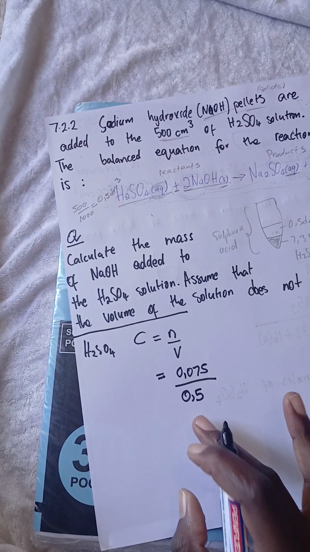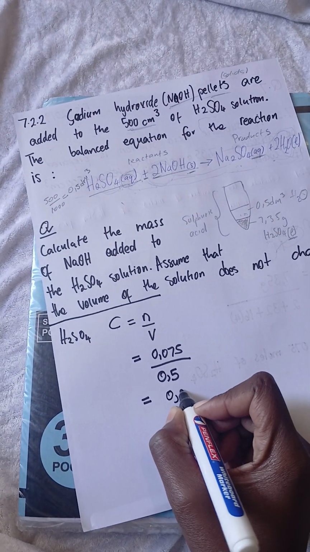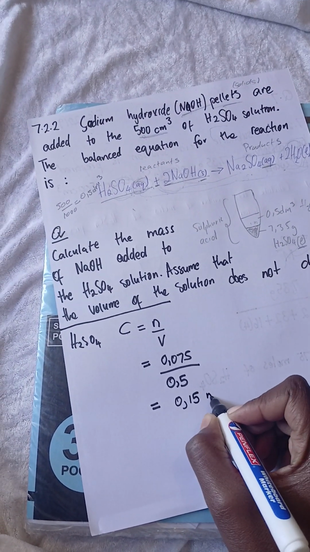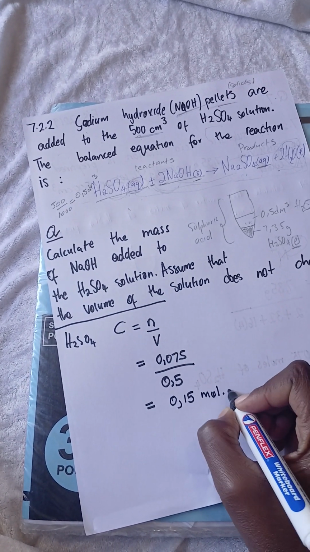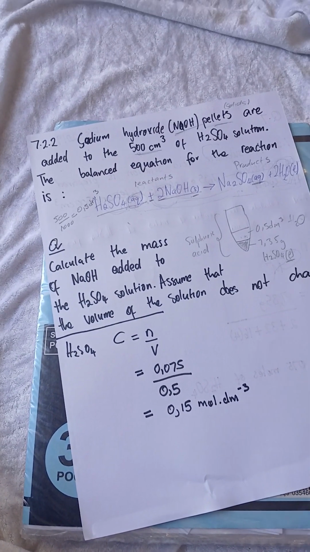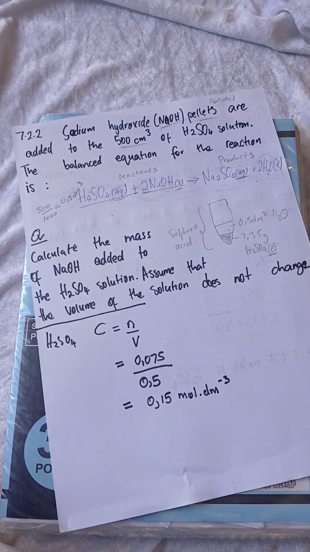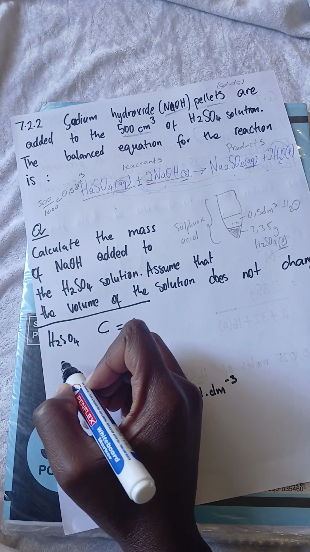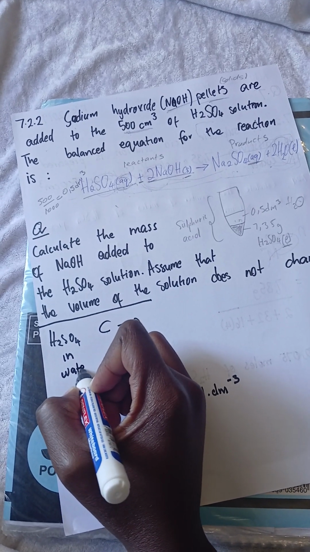And when we get the concentration of this, it gives us 0.15 mole per decimeter cubed, for the volume. So now we know the concentration of H2SO4 in water.